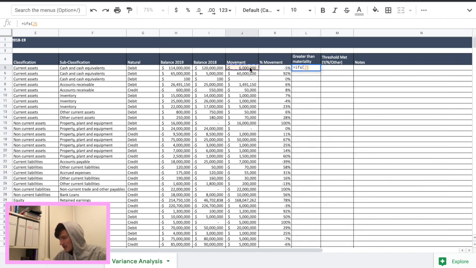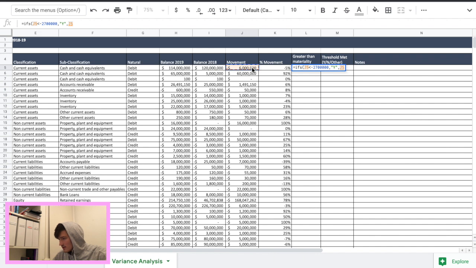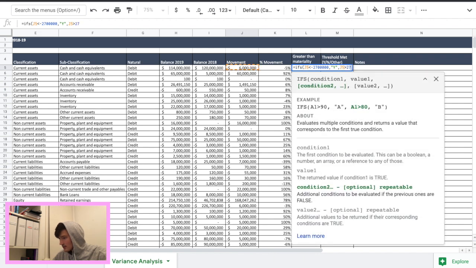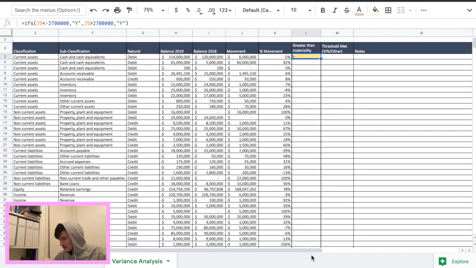So I'm just going to say if this number is less than negative 2.7 million, then yes. And then the other way around as well. So if this number is larger than 2.7 million, yes as well. Close bracket. All right, so that one works. Let's see how we go with the rest.